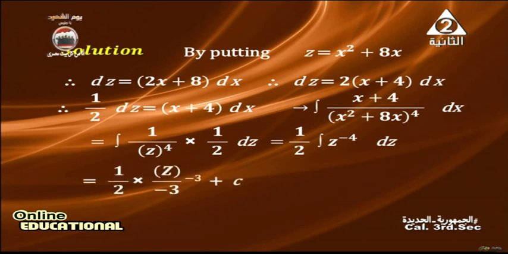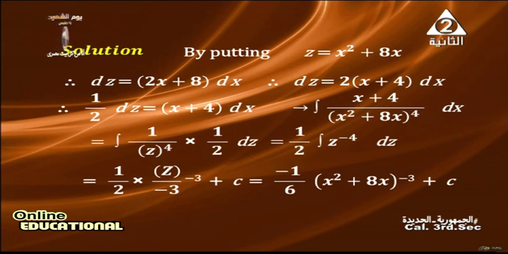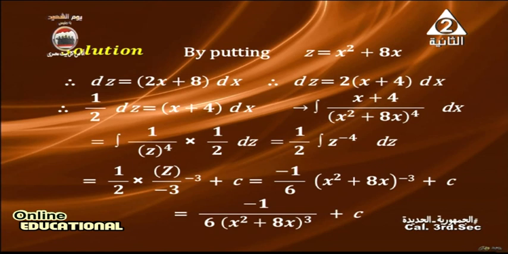Half z to the power negative 3 over negative 3 plus the constant c equals negative 1 over 6 multiply (x power 2 plus 8x) all to the power negative 3 plus c, which equals negative 1 over 6 multiply (x power 2 plus 8x) all to the power 3 plus the constant c.